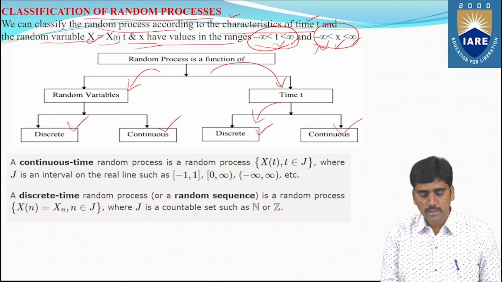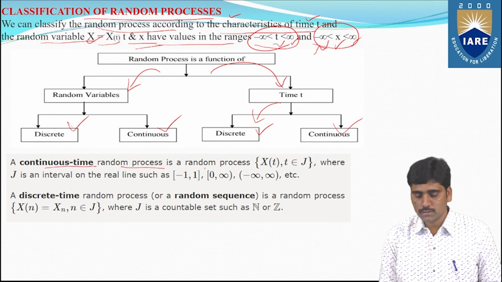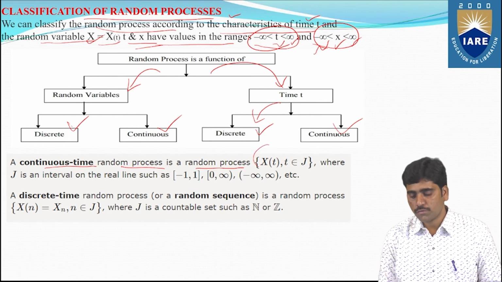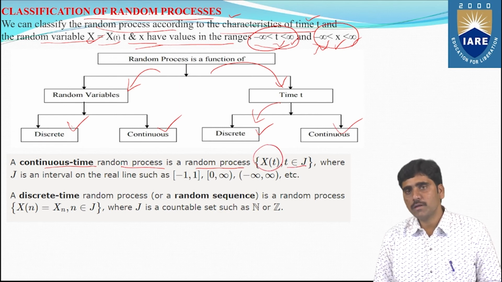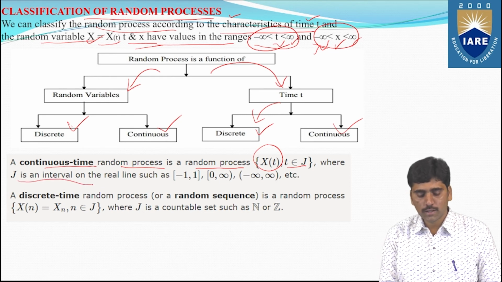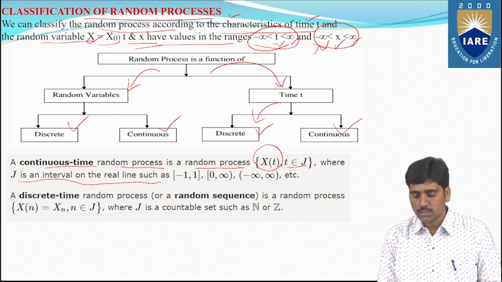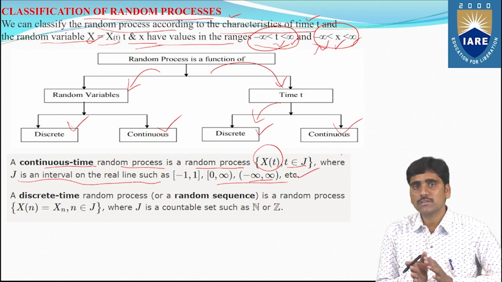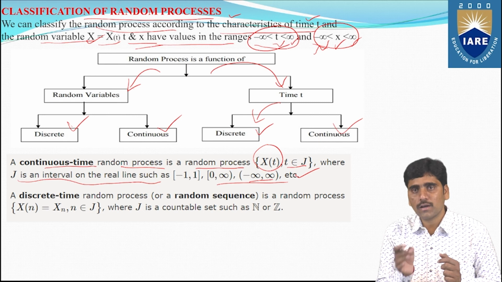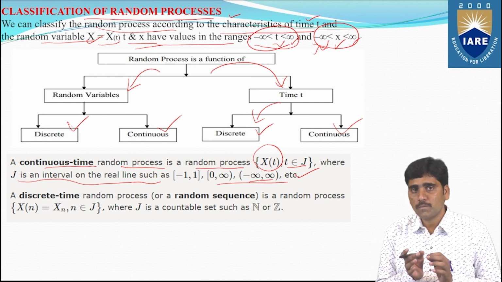So see here, a continuous time random process is a random process x of t where t belongs to J, where J is an interval on the real line such as minus 1 to 1, or 0 to infinity, or minus infinity to infinity, etc. You can write any of these. So a continuous random process contains an interval of values that may not be countable.